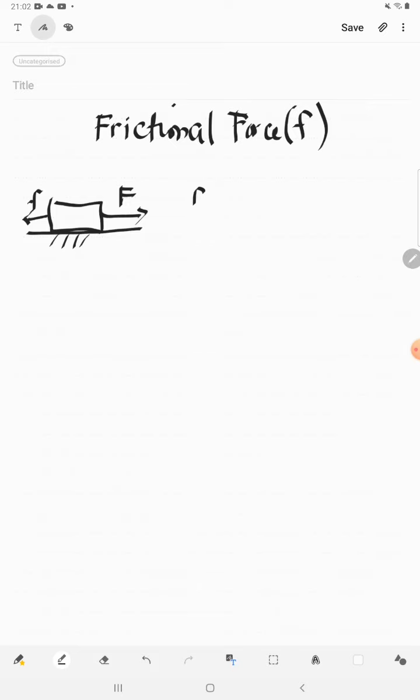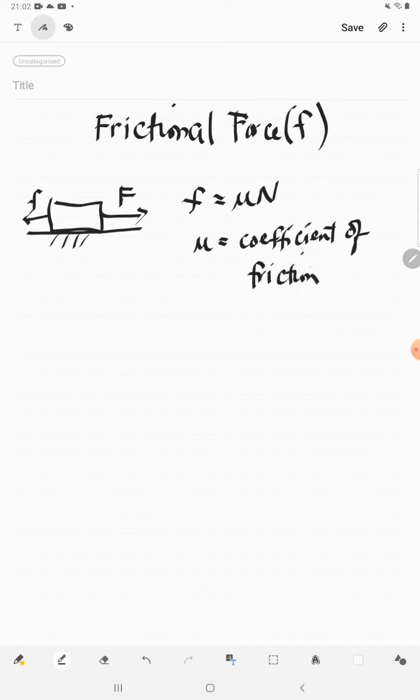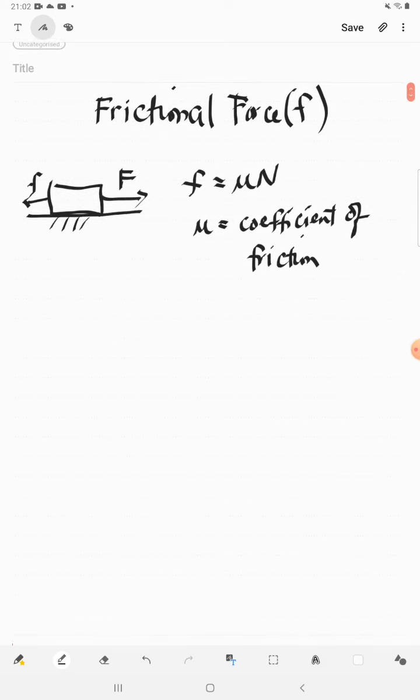Okay, and we say that your frictional force is simply equal to mu times normal force. Okay, and mu here is what we call your coefficient of friction. Okay, and coefficient of friction depends upon the material of the object.